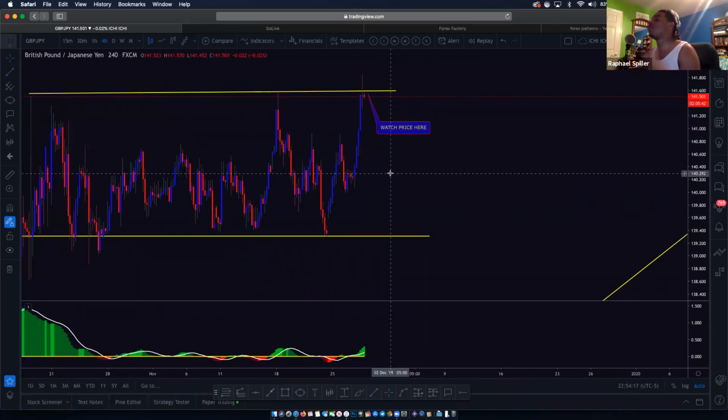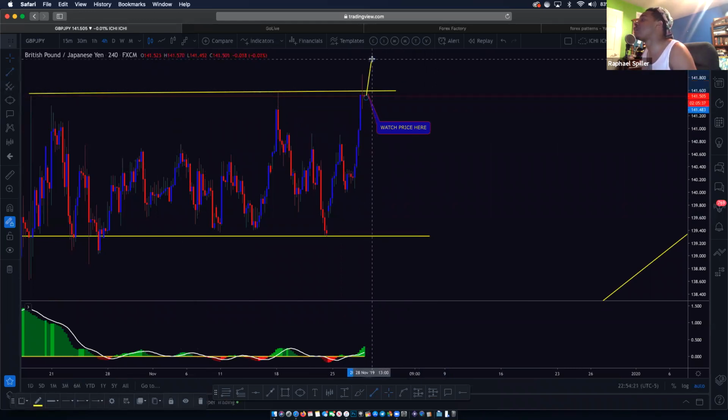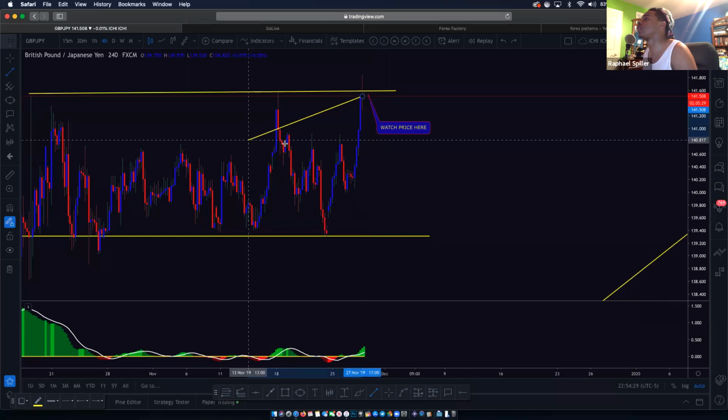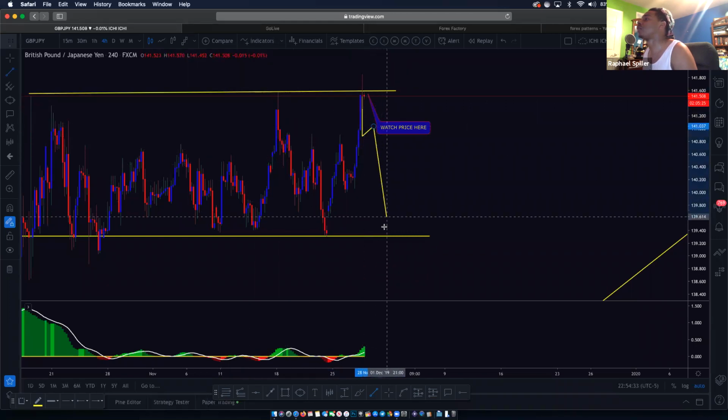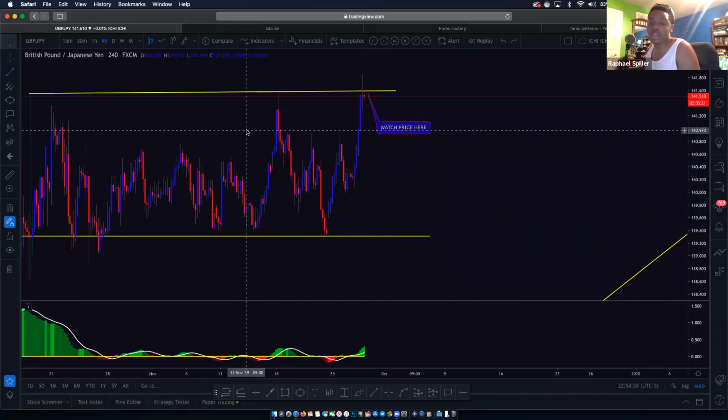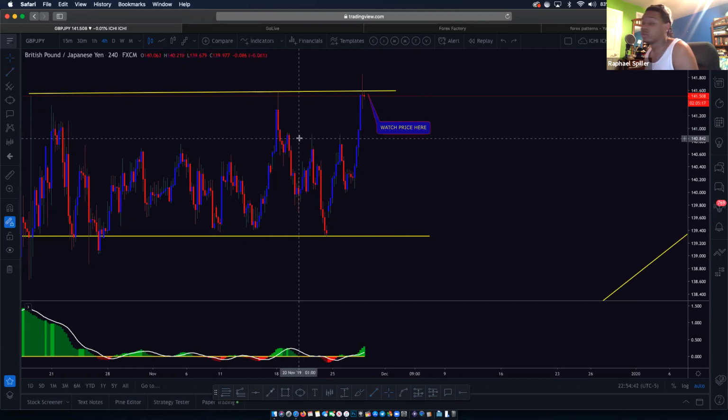Whichever the case may be, watch price here. Because what can happen is it can break out, impulse, correct, and then go up, right? Or it could just break down in the opposite direction, just like it did here. Break down, correct, and then drop. So be patient. Watch price there.